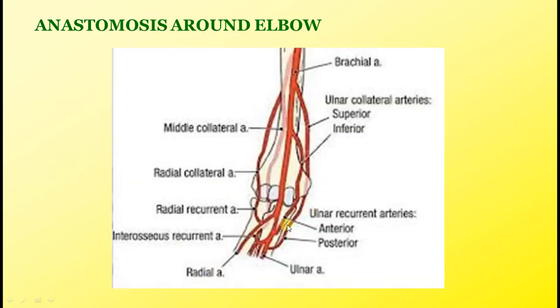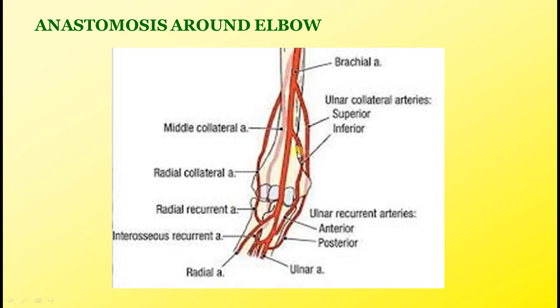So here you are able to see the medial epicondyle. In front of the medial epicondyle, anterior branch of superior ulnar collateral and inferior ulnar collateral, both are branches from the brachial artery, with the branch of the ulnar recurrent artery, which is again a branch of the ulnar artery. Anterior branch of ulnar recurrent artery with the anterior branch of superior ulnar collateral and inferior ulnar collateral.